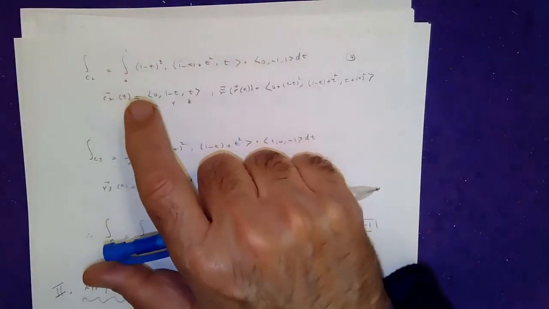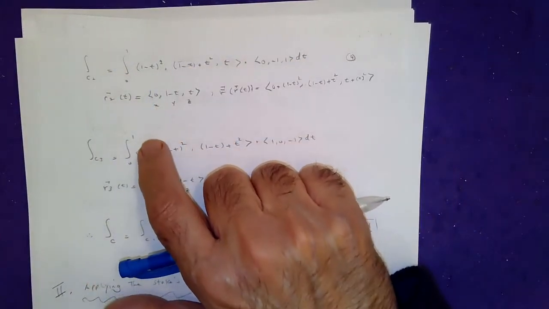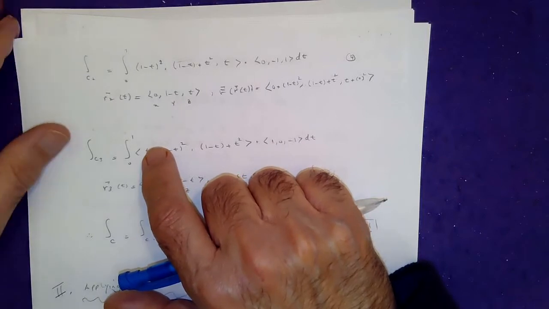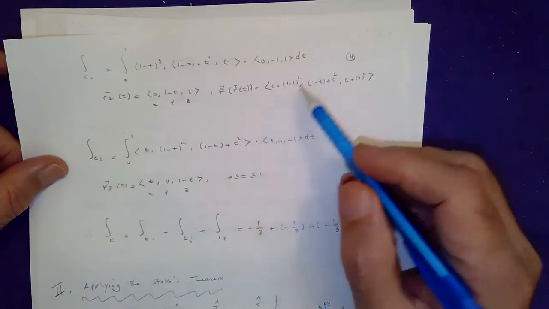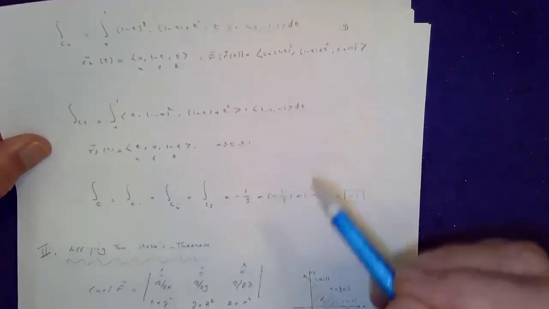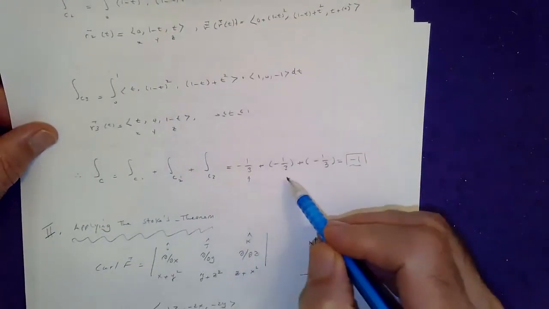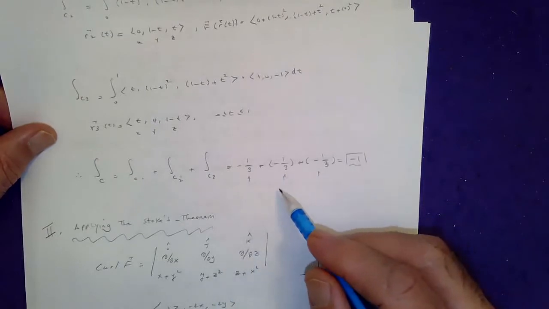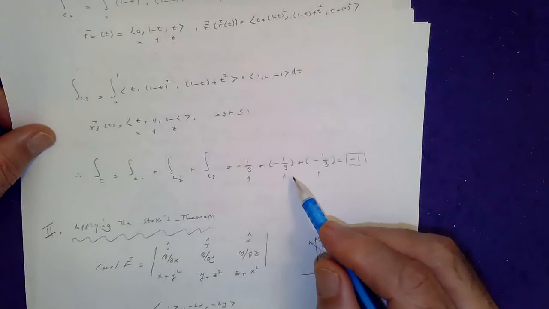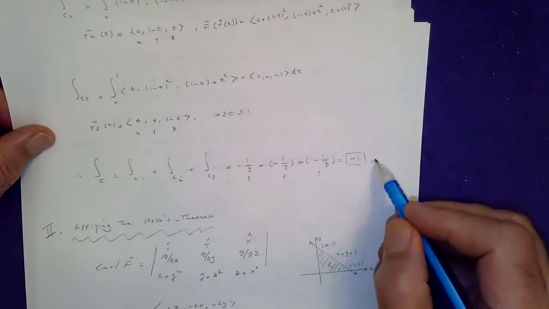And t in all the cases goes from 0 to 1 because we're dealing with line segments. So you evaluate these line integrals, and you get three answers. In this case, it turns out all answers match, and if you add up all these -1/3 three times, you get -1.